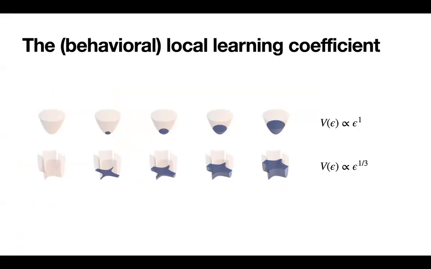So these are two different 2D models. The one on the top is this regular model, which is just a quadratic potential. The one on the bottom is a normal crossing model, and the singular geometry means that the surface area here grows much faster.